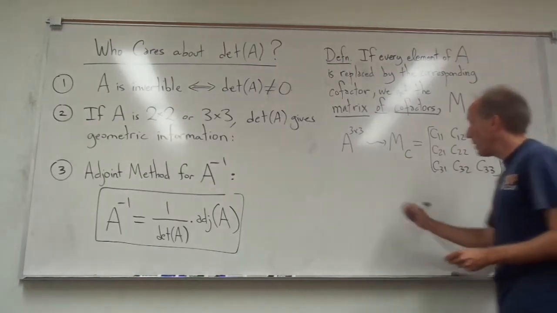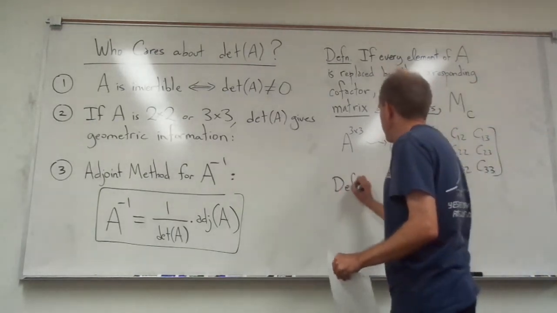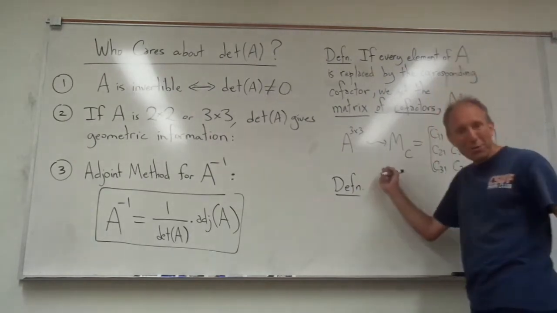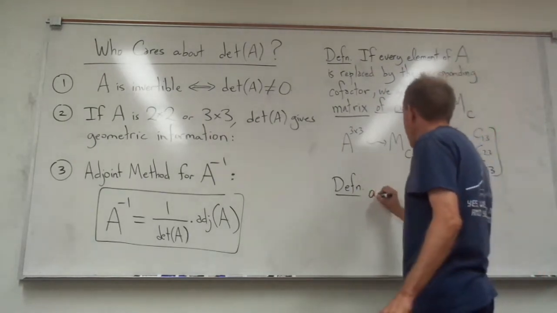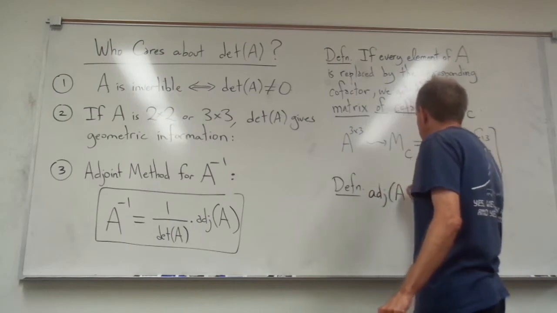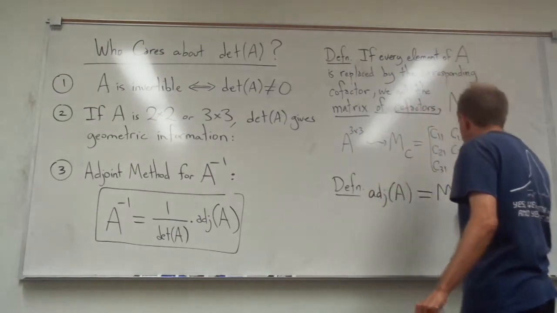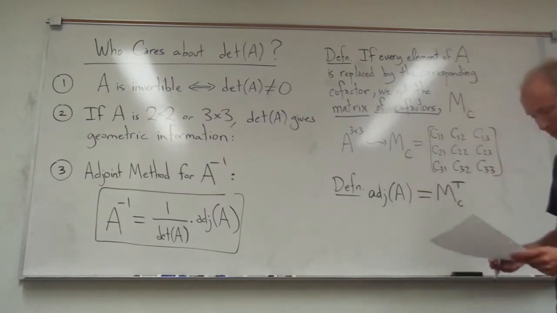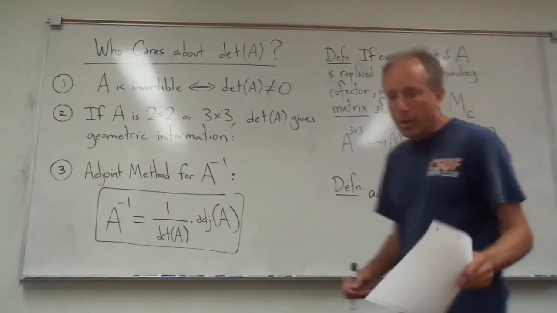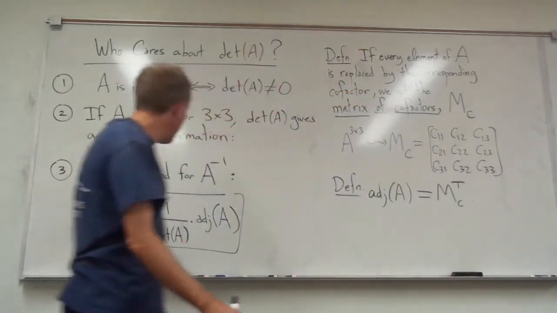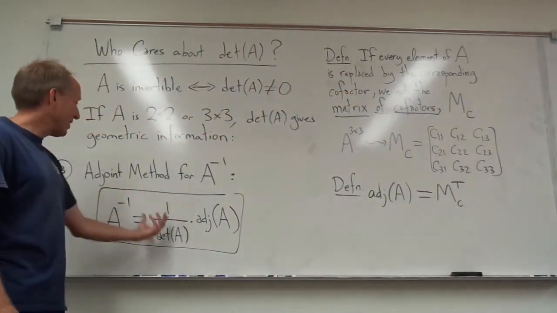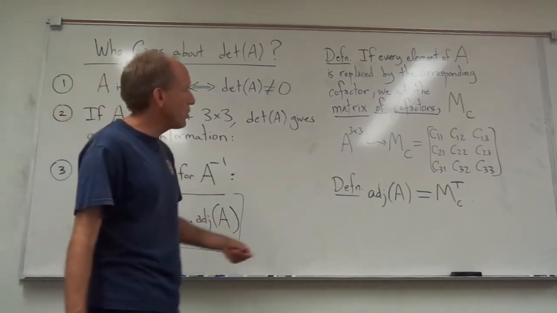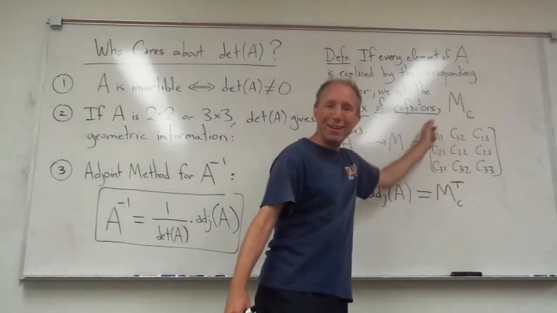However, from there, it's very easy to use this formula because the adjoint of A, by definition, is simply the transpose of the matrix of cofactors. So all you have to do to find A inverse is calculate the determinant, put it on the bottom here, and then the adjoint of the matrix is just the transpose of what I have right here.